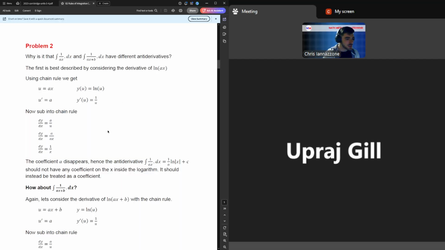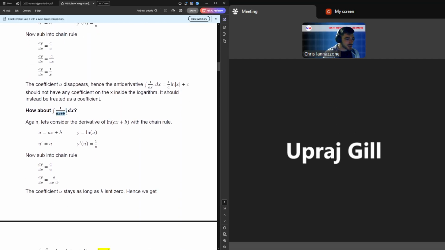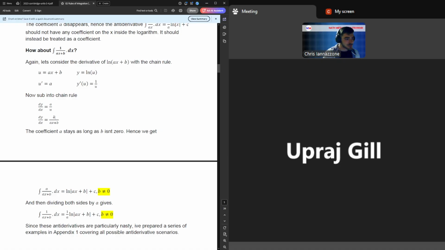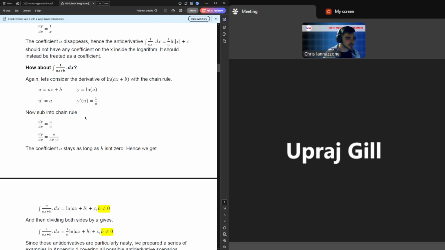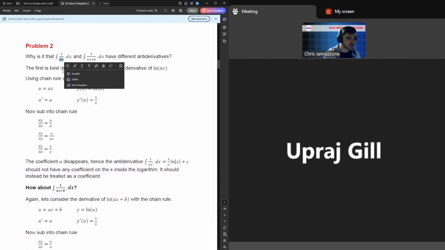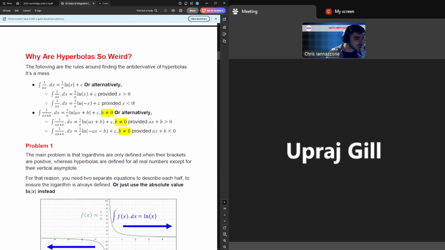Now, when you have 1 over ax plus b, that doesn't happen anymore because now you've got this plus b in there. That means you can't just kill the a. And so it doesn't simplify in the same way that the 1 over ax would. So doing the reverse of what we just did, they're going to have two separate integrals, which is why if you look at this one, 1 over ax, there's no a on the x here.